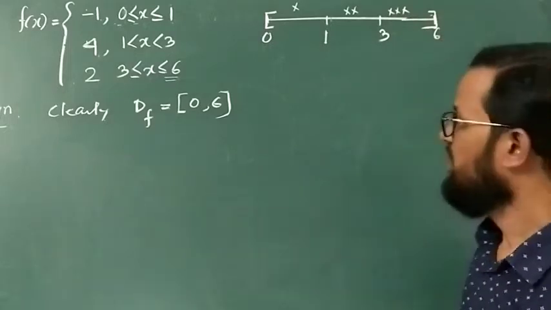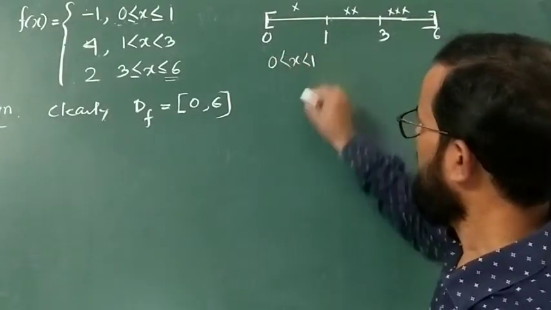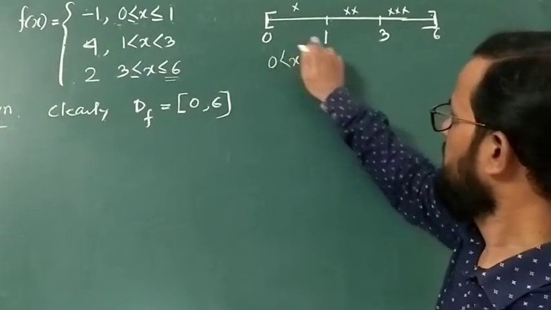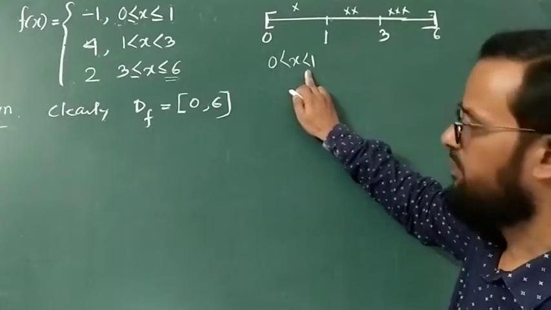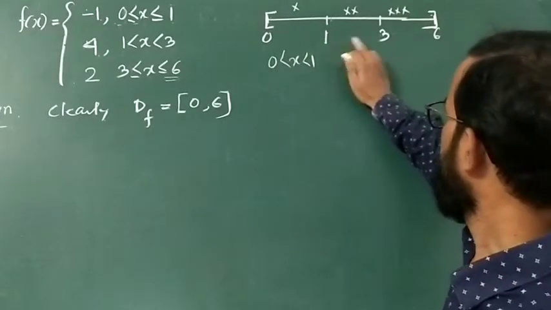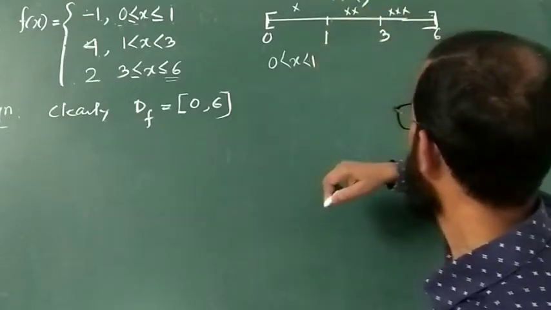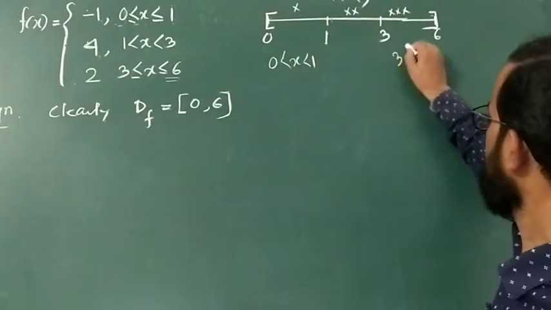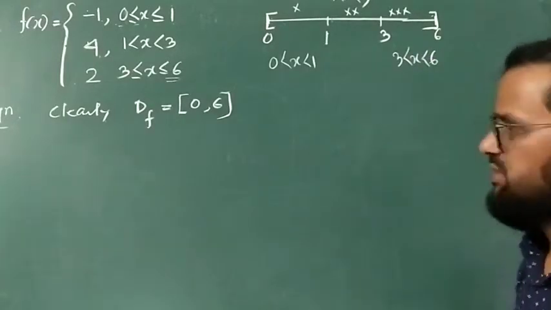This general case you can write 0 less than x less than 1. That means between 0 and 1, excluding 0 and 1, all the points are here. And between 1 and 3, this is 1 less than x less than 3. And between 3 and 6, 3 less than x less than 6.